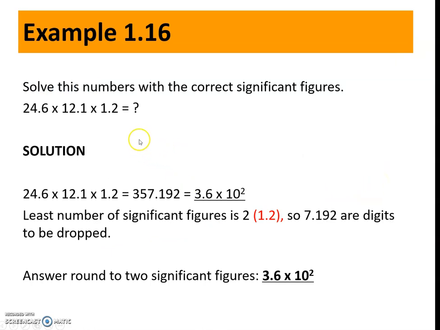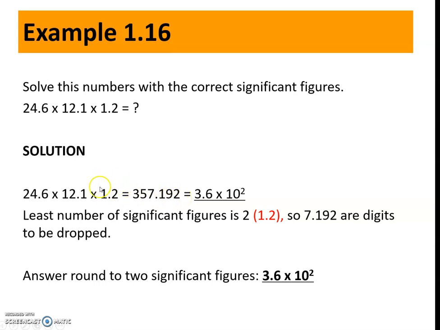Right, so let's look into this question. Solve this number with the correct significant figures. 24.6 multiplied by 12.1 multiplied by 1.2. So you solve the question here. You obtain your answer by using a calculator, which is 357.192.